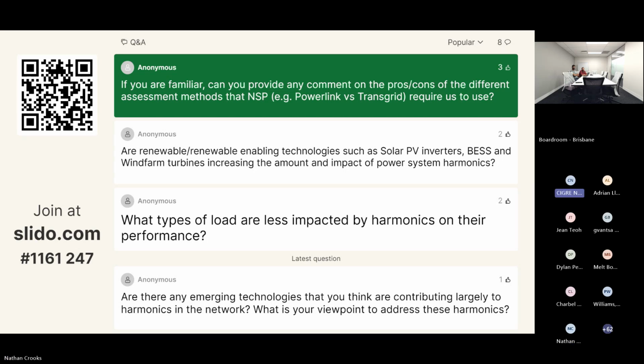Well, I'm not completely familiar exactly with what everyone does. I understand Transgrid does the validation of the harmonic model of a plant, which is a very sensible thing to do, in my opinion. Sometimes I participated in it for one plant.